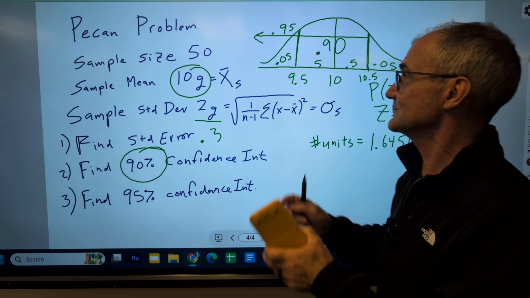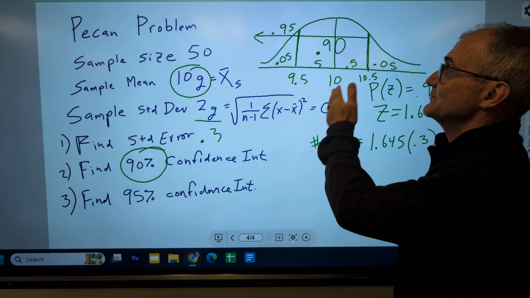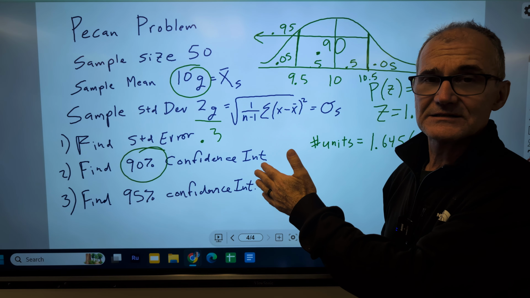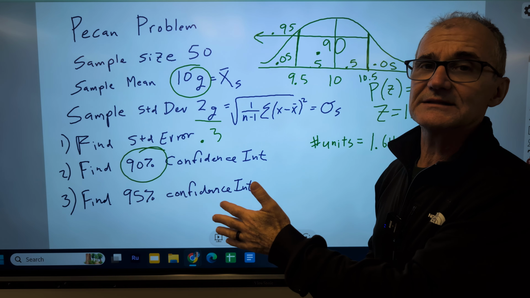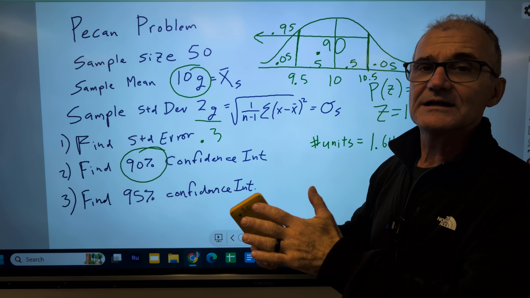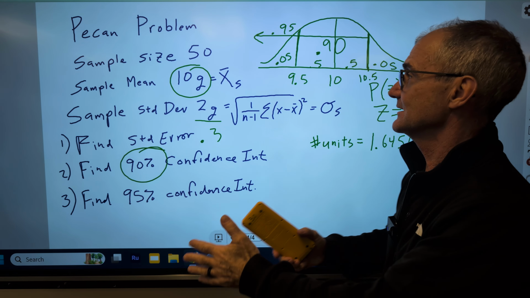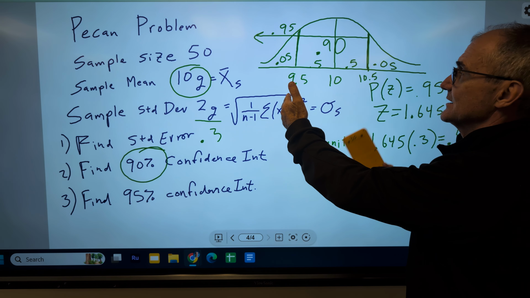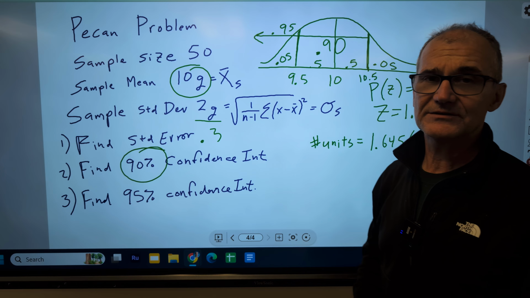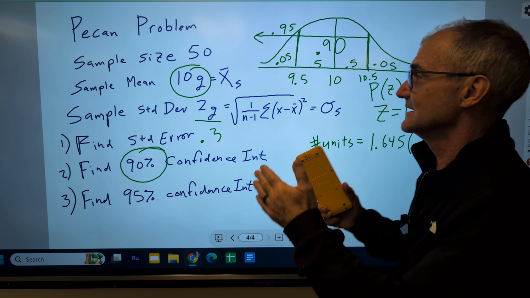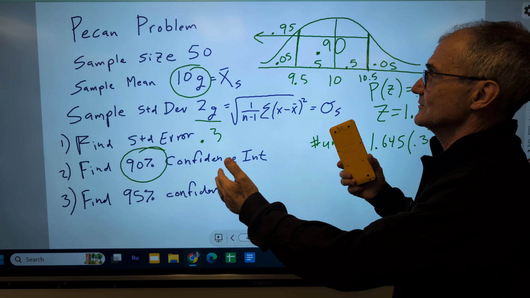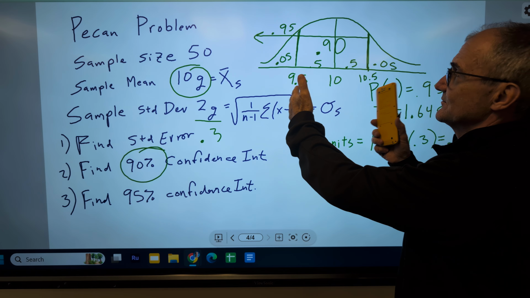What I am saying with this is with 90% confidence, with 90% probability, the weight of my crop will average between 9.5 and 10.5. So it's very different. I'm not saying of the pecans I grow, they're going to be between 9.5 and 10.5.